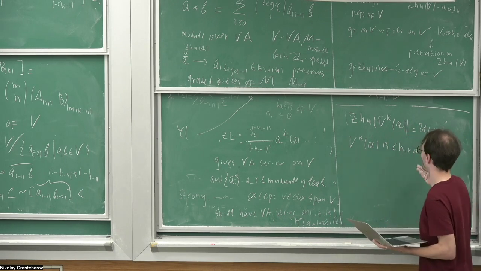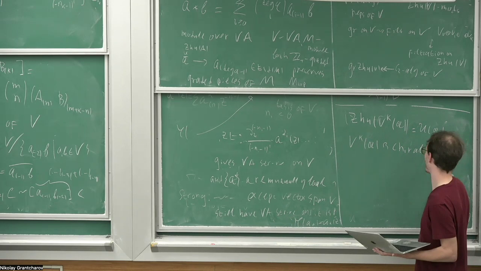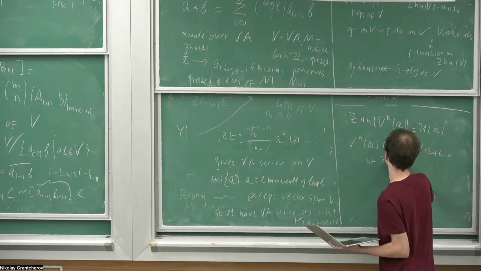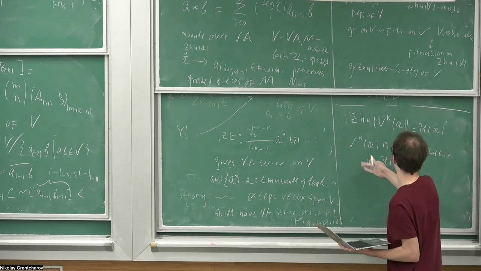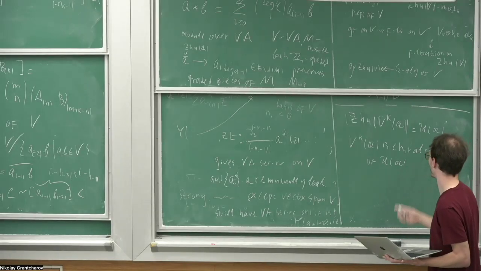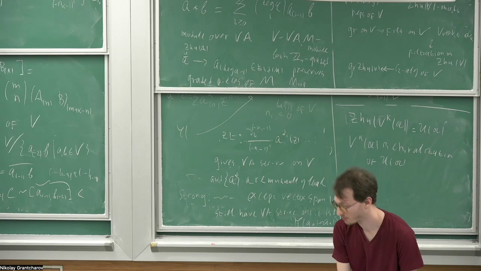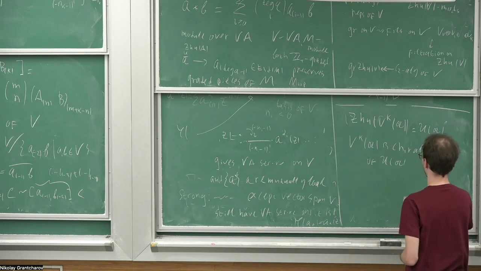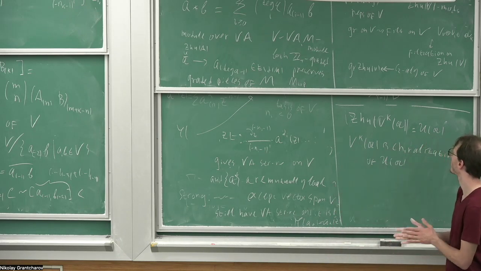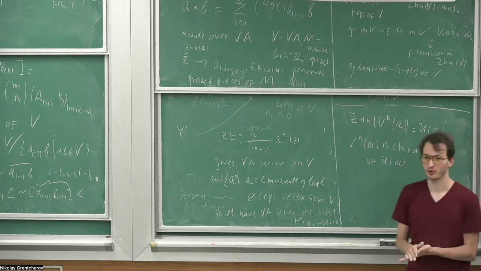So if your Zhu algebra is A, then V is called a quantization of A. So here V kappa of A is a quantization of U of A. I'm not proving all of this, but this is an example of how such things may work. That's all I wanted to say. Thank you.